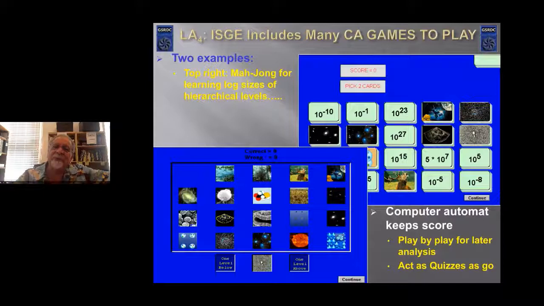And the students would play these over and over again until they got it. So you were supposed to match asteroids and planets and things to a scale, or clusters of stars, or the walls of a galaxy in the overall universe, or a whole organism with the approximate size it was in meters.